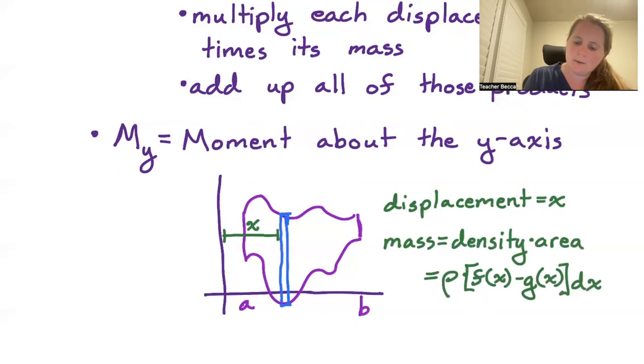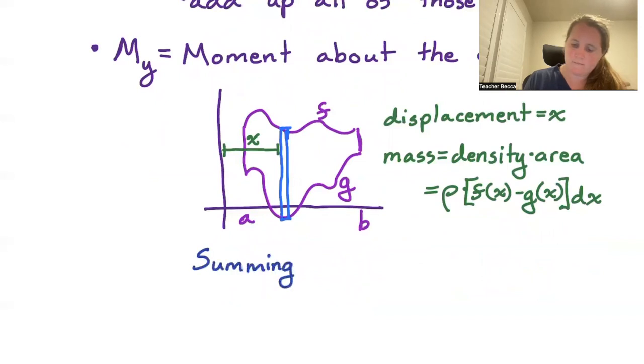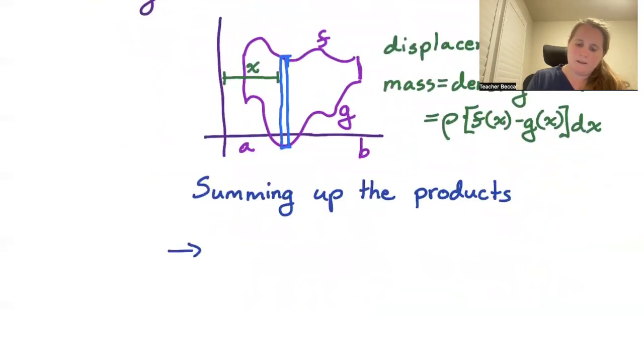So again, our top function was f, our bottom function was g, and we ran from a to b. If we then sum up all of these products, we wind up getting that My is simply equal to the integral from a to b.